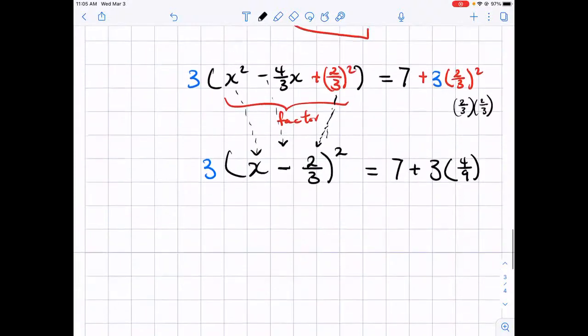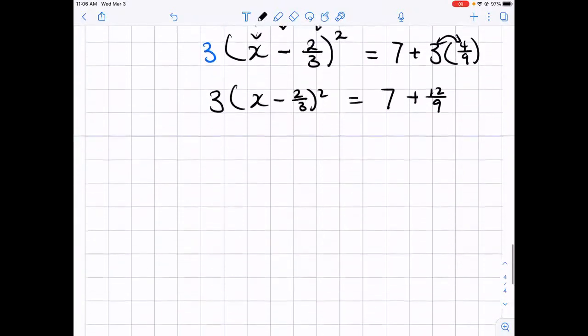If we now multiply that by 3, so my 3 comes down, x minus 2/3 squared is equal to 7 plus, this becomes 12 over 9, right? If we distribute, 3 times 4 is 12. So what do we have?